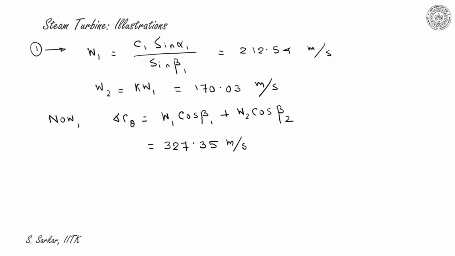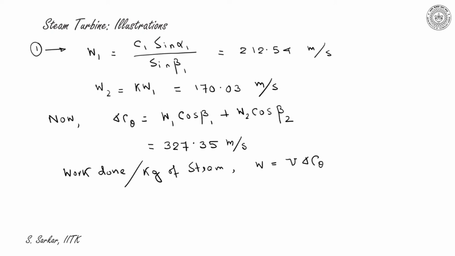So hence the work done per kg of steam, you can put that as W equal to U into del C theta.